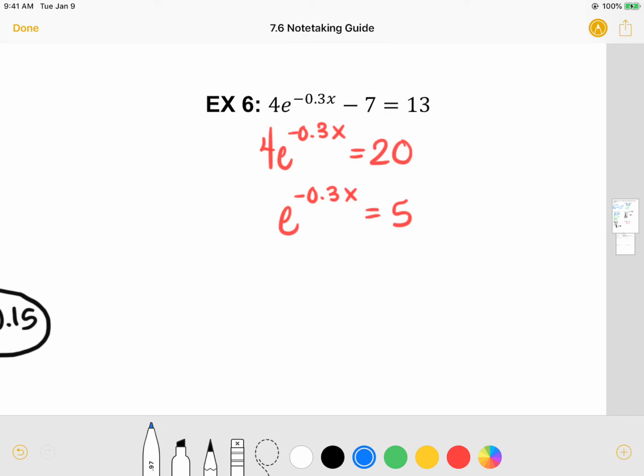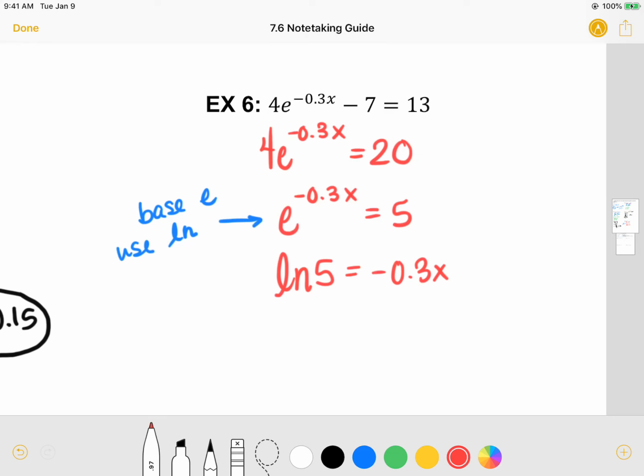Since the base here is e, base e, we want to use natural log. So we're going to rewrite this as natural log base e of 5 equals negative 0.3x.